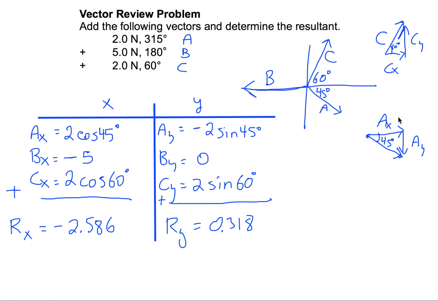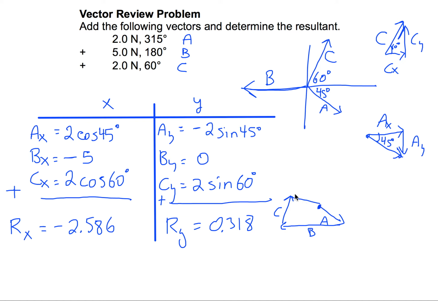So what this means is that I've added these three vectors, and I can show this geometrically. If I start with vector A, and then I add vector B, and this is not to scale, but then I add vector C, then the resultant vector is from where I started, which is right here, to where I ended.